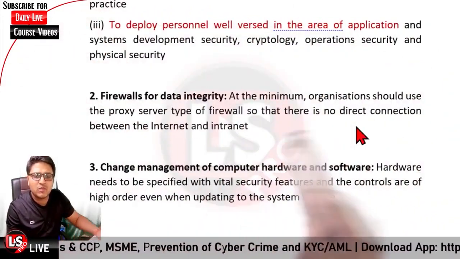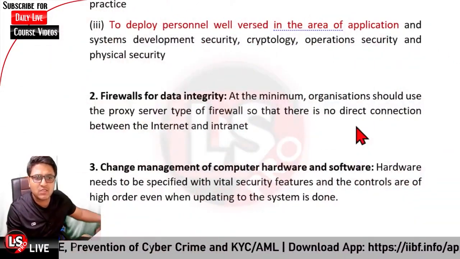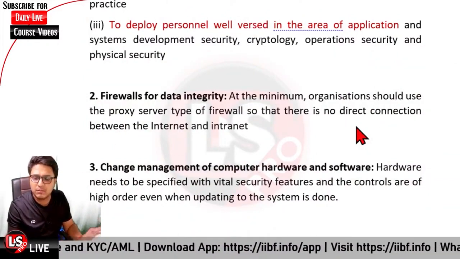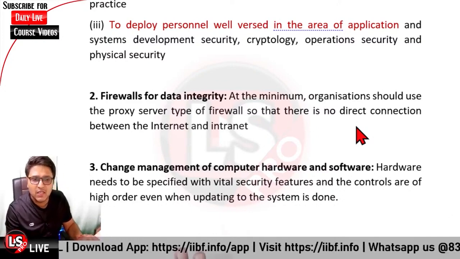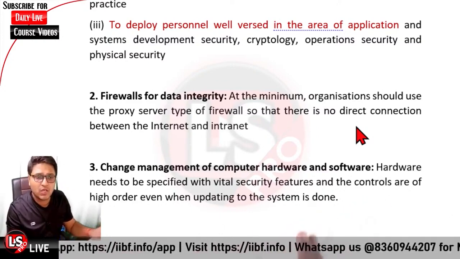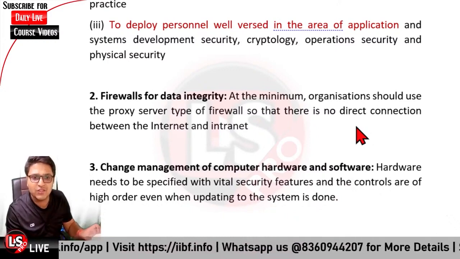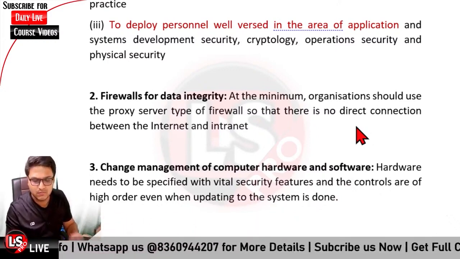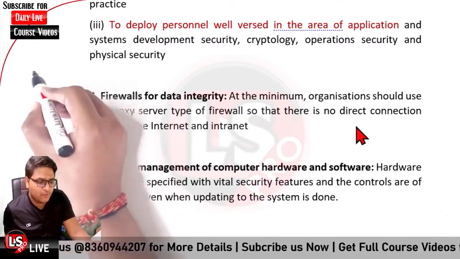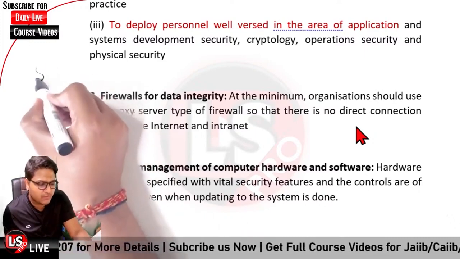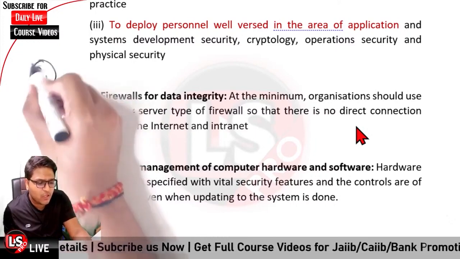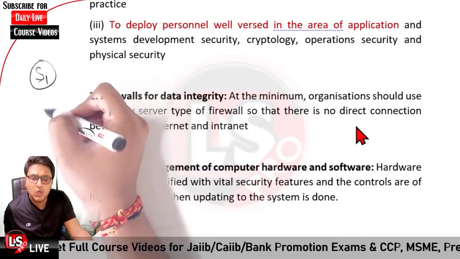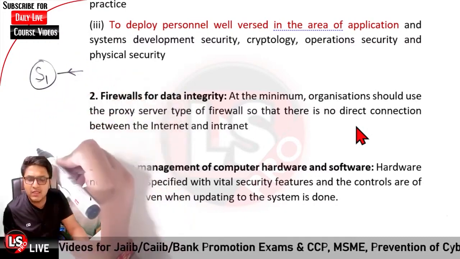Hardware needs to be specified with vital security features, and controls are high order even when updating the system is done. Whenever there is a change in computer hardware or software, you must look into the consequences that may follow. If I was using software 1 earlier, I already know what the loopholes and pitfalls were, or what threats or vulnerabilities were available in this software.